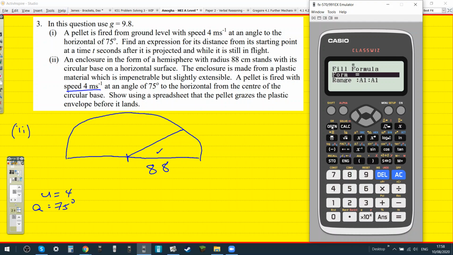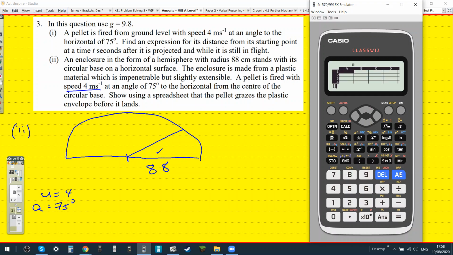The expression for its distance. That one. So let's say this is t. So this would be equal to... hang on. Let's start from 0 or something.